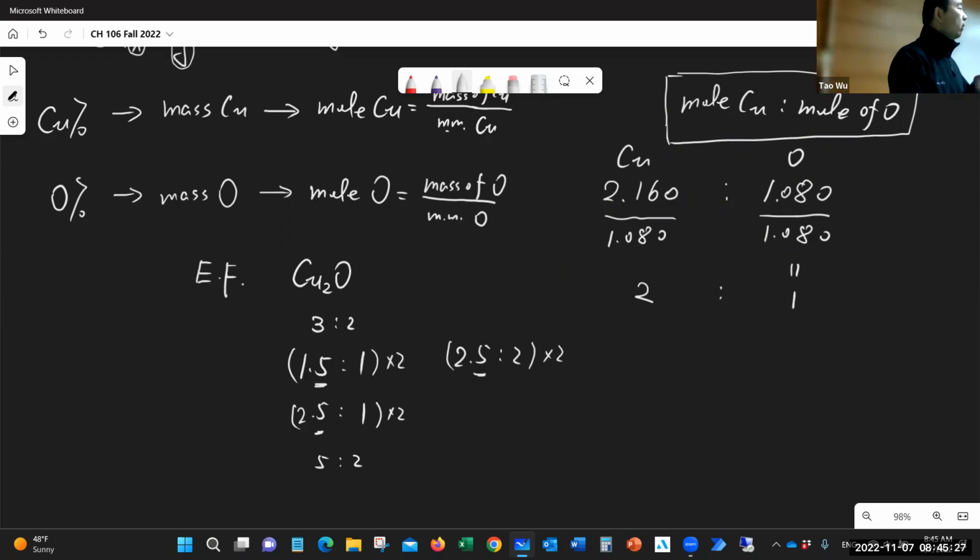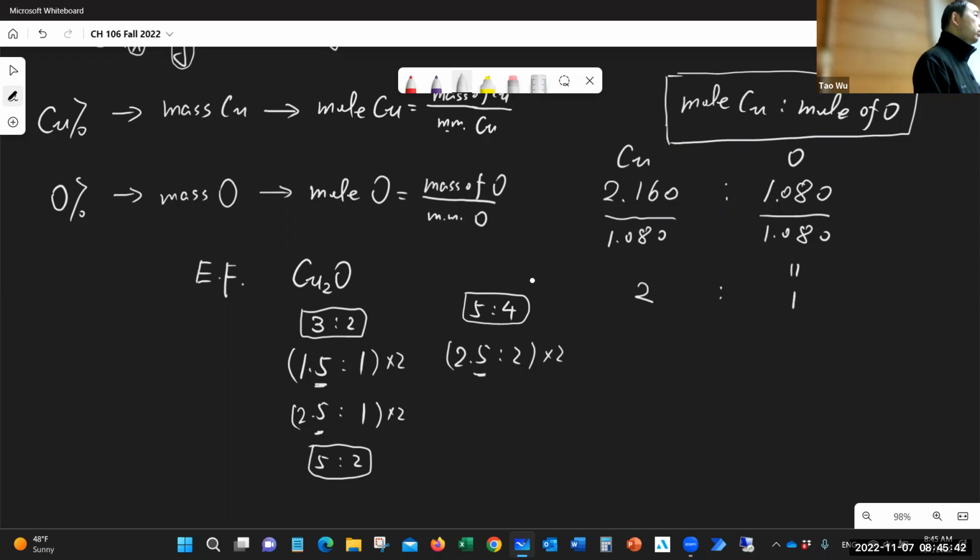And 2.5 versus 2 is 5 versus 4. So you can use this to figure out the whole numbers. This is a special case that you will see in the questions.